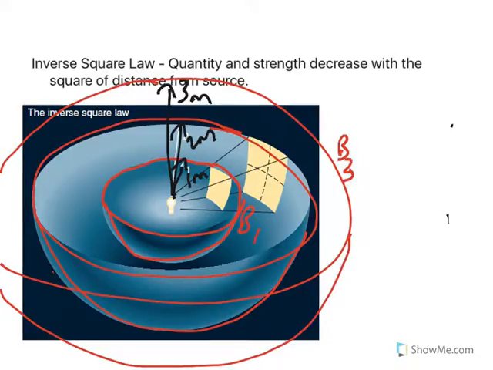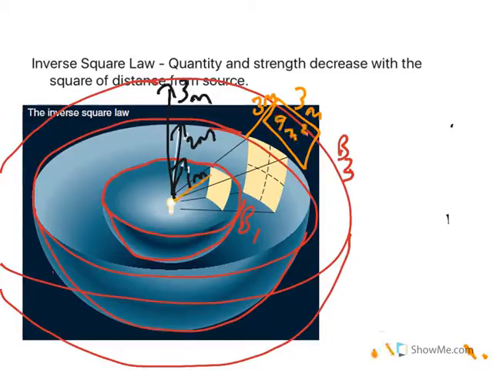So what is B3 relative to B1? We know that the light spreads out even more, and we're going to find a block that it's going to pass through. The block is going to be 3 meters in width by 3 meters in length, and so the area is going to be 9 meters squared.